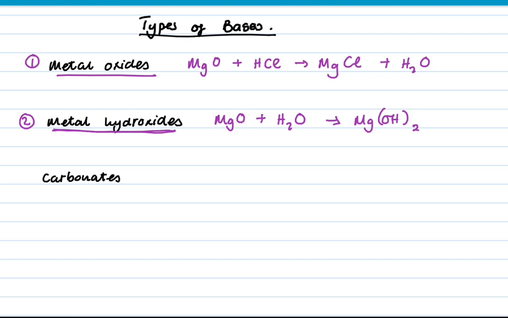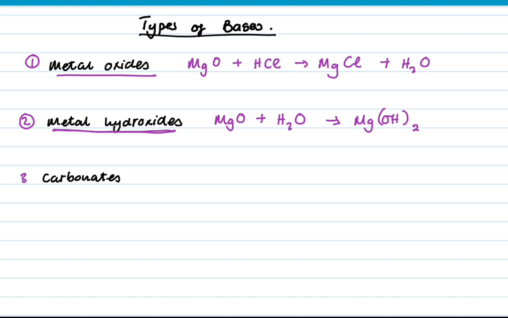When we look at the issue of reactivity, you will notice there are some things that differ and come into play in terms of speed of reactions, etc. But that's not my focus on this topic. My focus is on how they react with acids. So metal oxides react with acids giving us a salt and water. Metal hydroxides do the same.